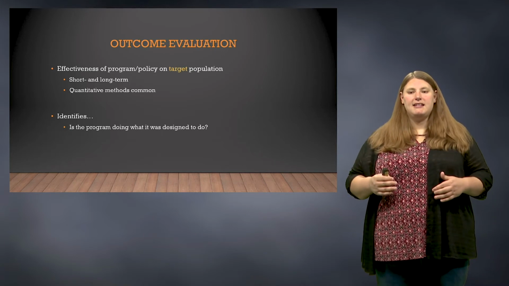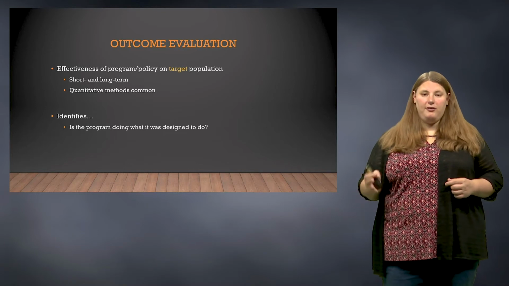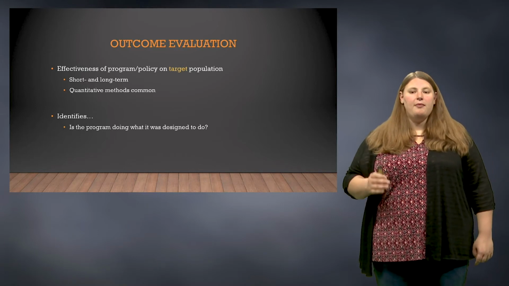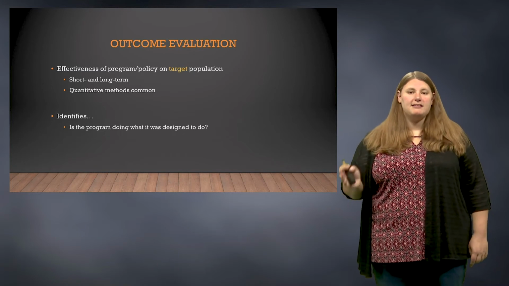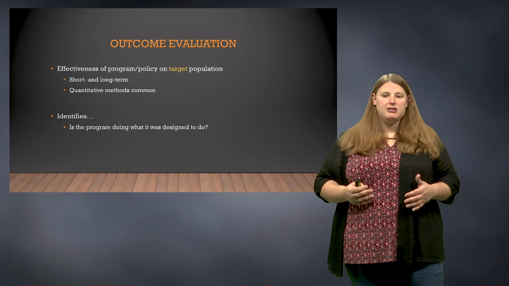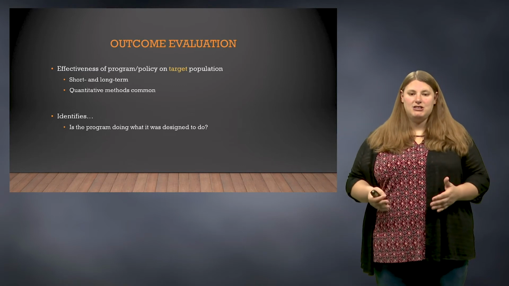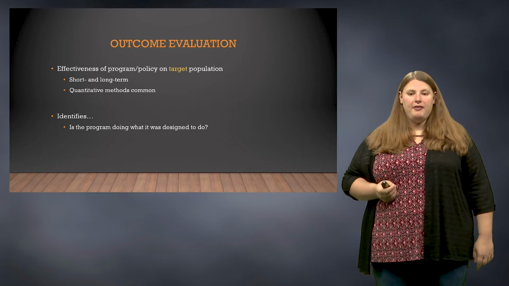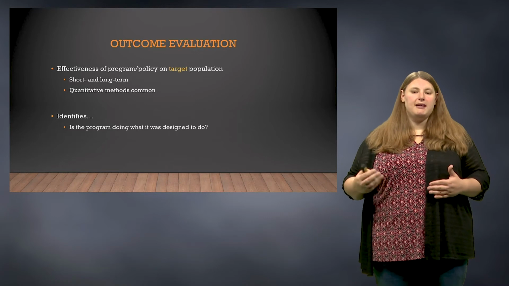I've highlighted this here because it's important to distinguish this when we talk about an impact evaluation in a second. An outcome evaluation will look at both the short-term and the long-term impacts of the program on participants. The goal of an outcome evaluation is to determine whether or not the program is doing what it was designed to do.